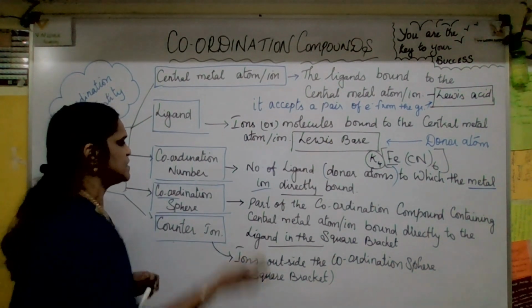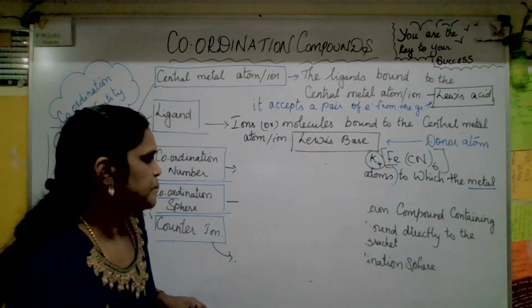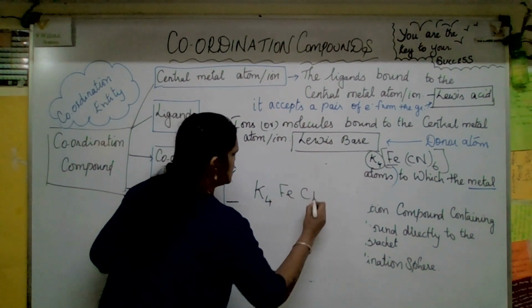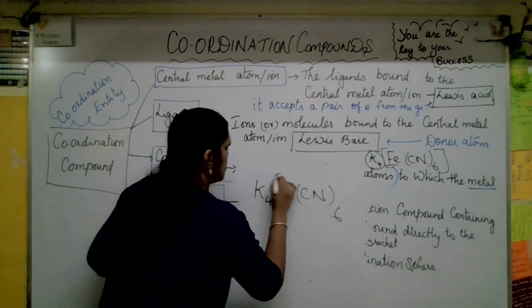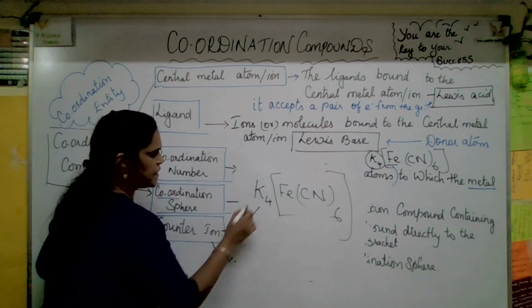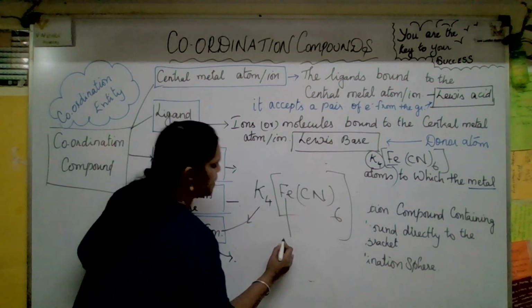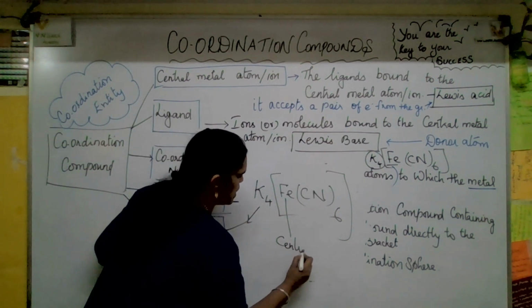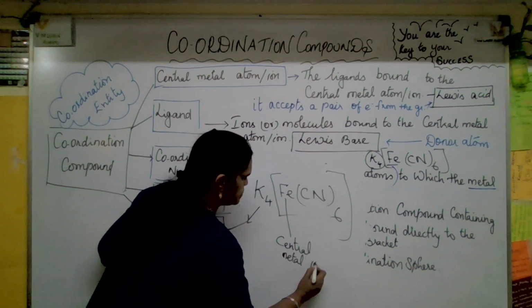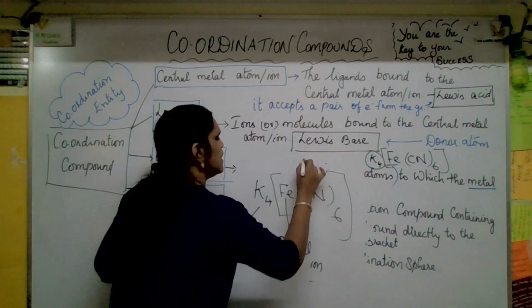Let me rub this out so that I can put it very clearly. K4[Fe(CN)6]. This K4 is the counter ion. Fe is the central metal ion. CN is the ligand.